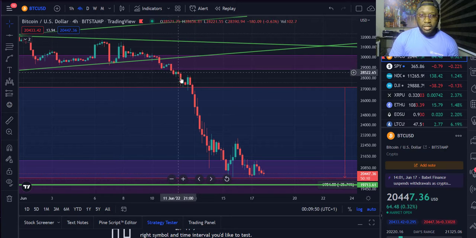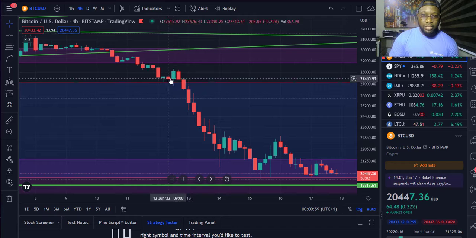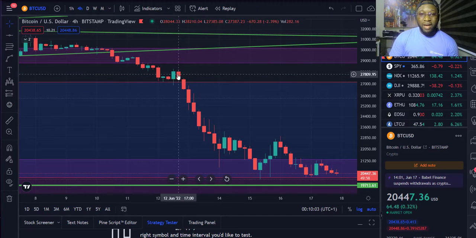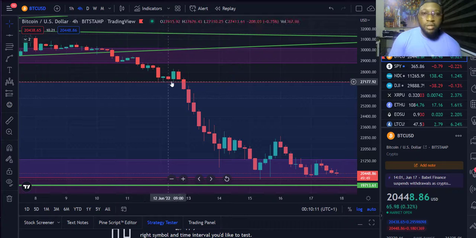Then we have a bullish engulfing. This was the bullish engulfing candle. After the bullish engulfing, then we have rejection. The rejection actually matches the bullish engulfing, more or less. Actually, even beyond. It more or less engulfs the bullish engulfing a little.